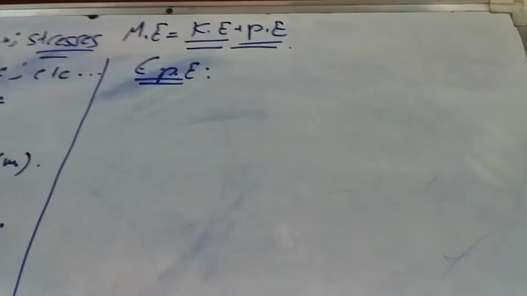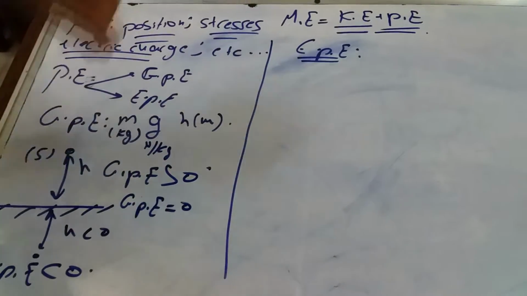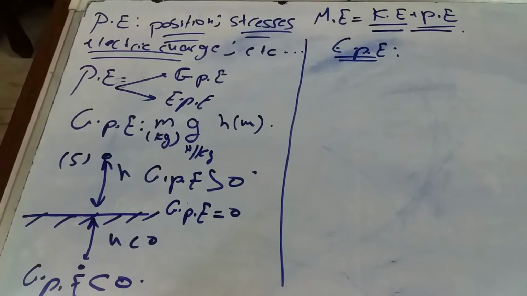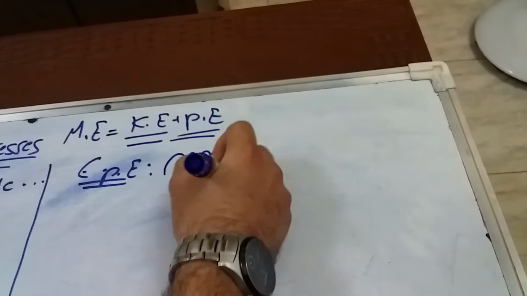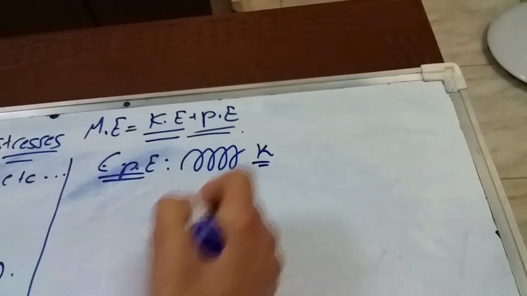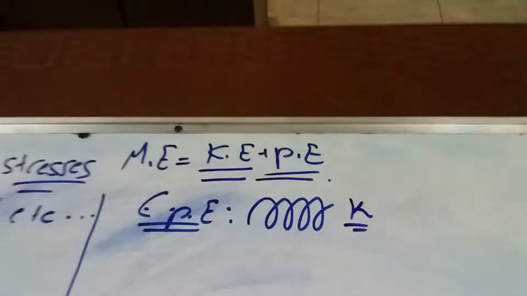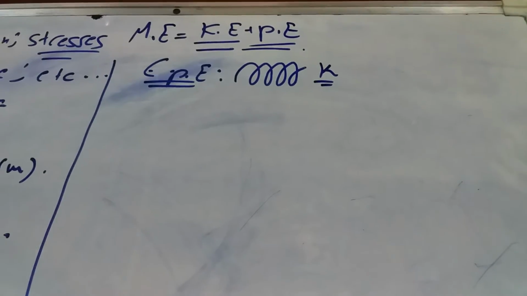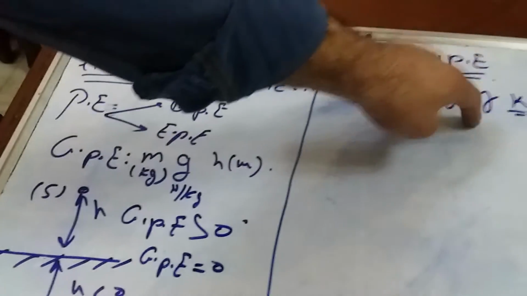Now let's speak about the elastic potential energy. As we have said, potential energy also depends on the stresses within the body itself. So if we have a spring of stiffness k, and we elongate or compress this spring, then we are making stress on the spring.